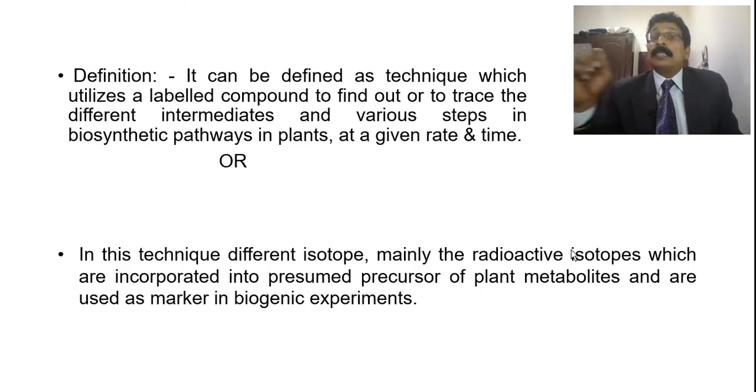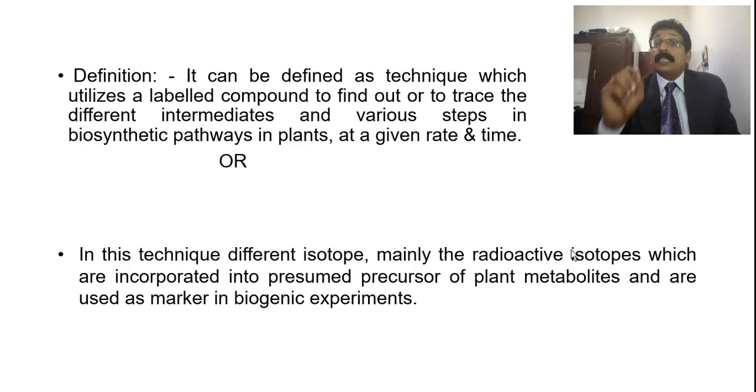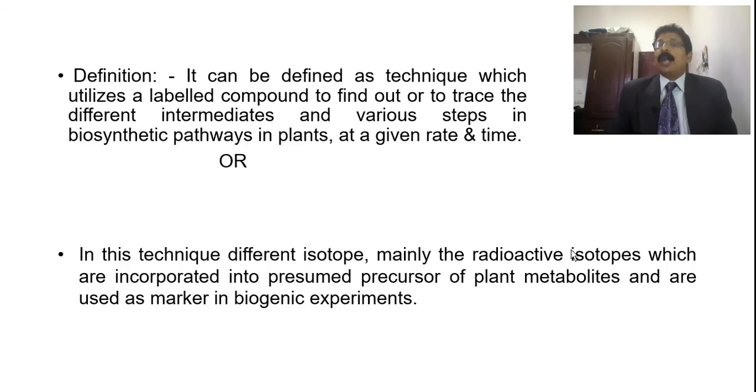Then after some time, we will take the product out by extracting it, and we will find out what happened to the radioisotope present in that particular precursor. That is what they used to do.